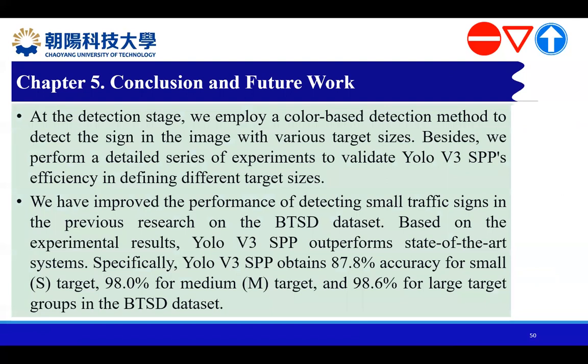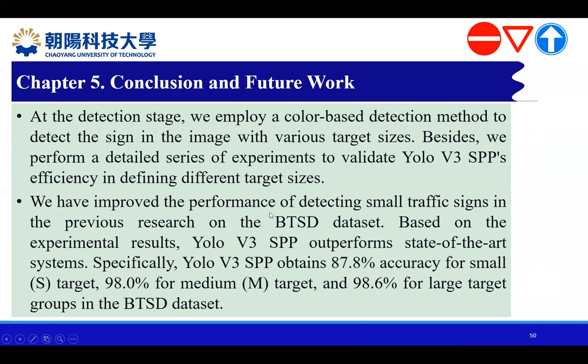In the detection stage, we employ a color-based detection method to detect the sign in the image with various target types. Besides, we perform a detailed series of experiments to validate YOLO-V3 SPP efficiency in handling different target sizes.